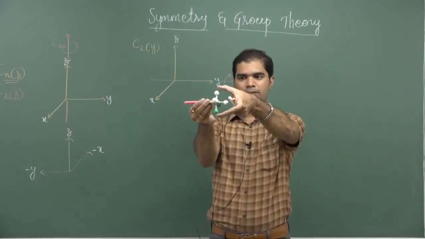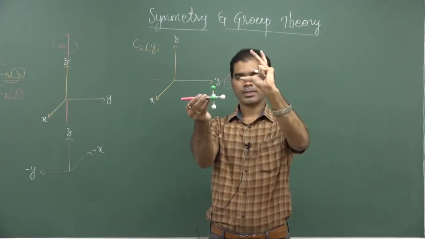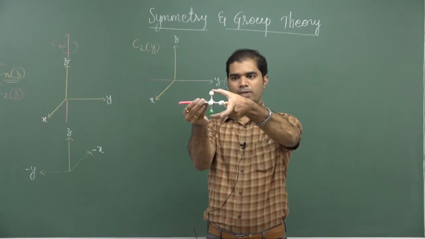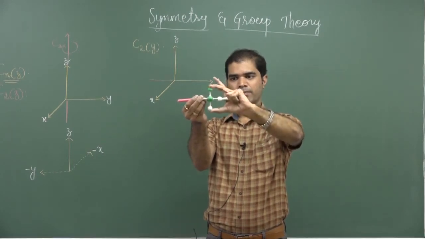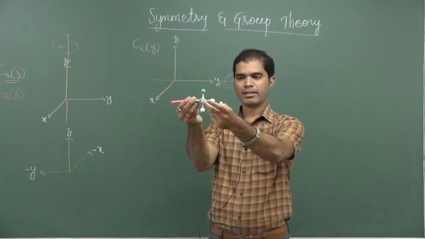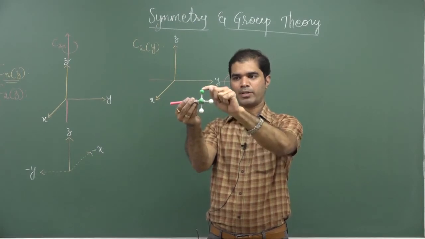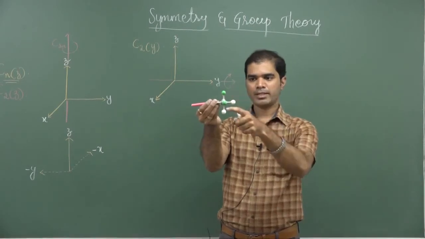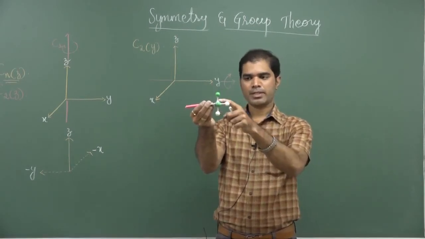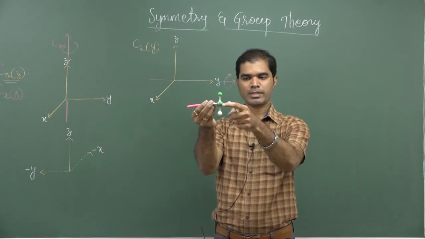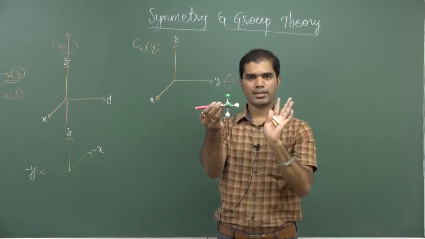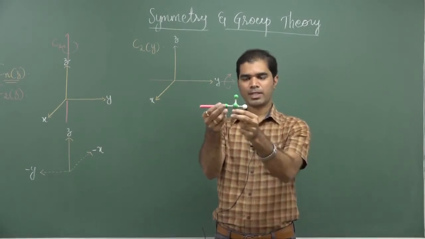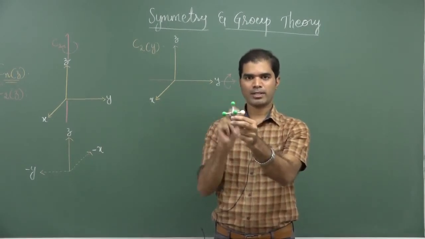So exactly a 180-degree rotation. Previously white was towards you. Now as I rotate by 180, that is exchanged by green. In a similar way, previously white was here, that is exchanged by green. It means Z is exchanging its phase, X is also exchanging its phase, but Y is intact. Y is not exchanging with its opposite phase because that particular rotational axis is passing through this coordinate.